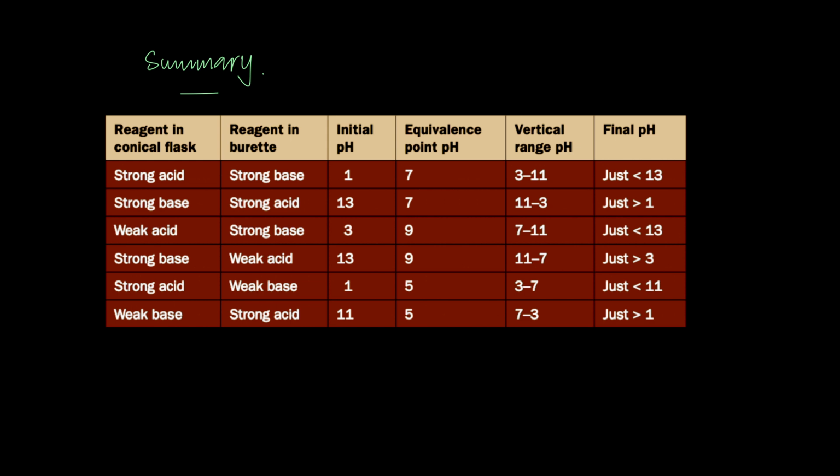Yes. Now, last concept, and we're done with this chapter. Choice of the indicator. This is the most tested question in MCQs and even in the exam. Which indicator to select? Now, remember, it's very simple. I'll give you the trick to figuring out which indicator you must select for any type of reaction.